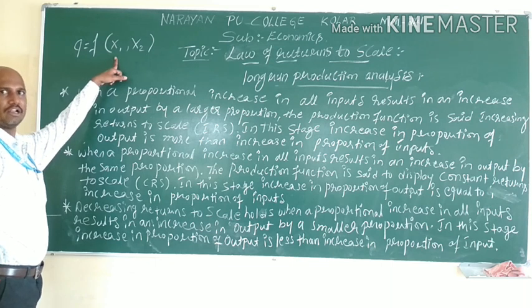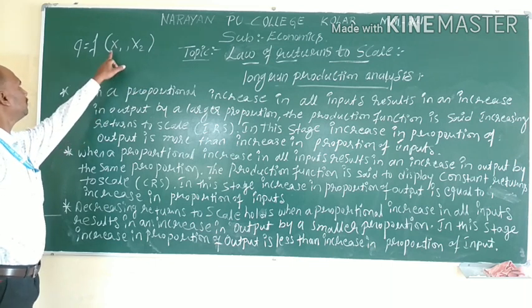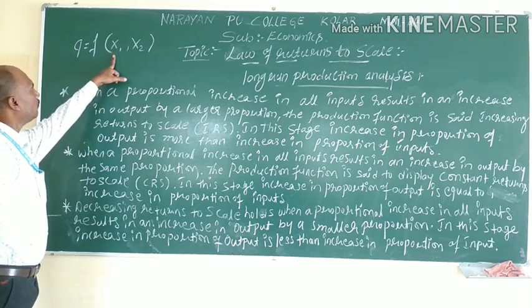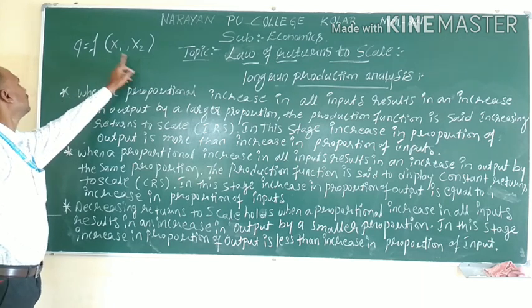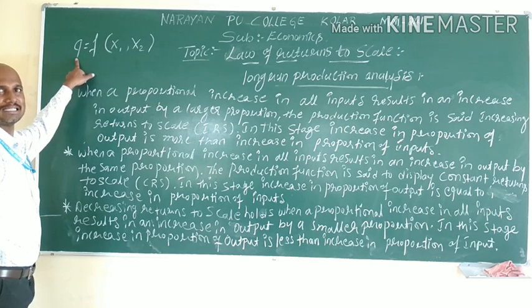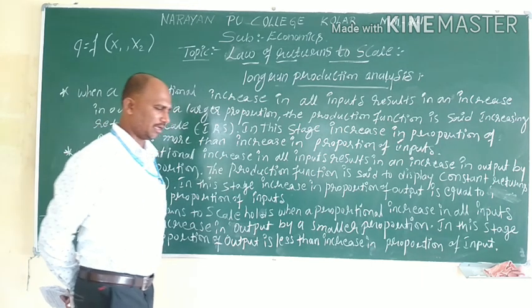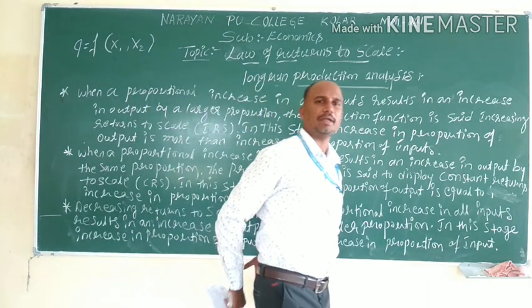Because of factor 1 and factor 2, the production of goods and services takes place.